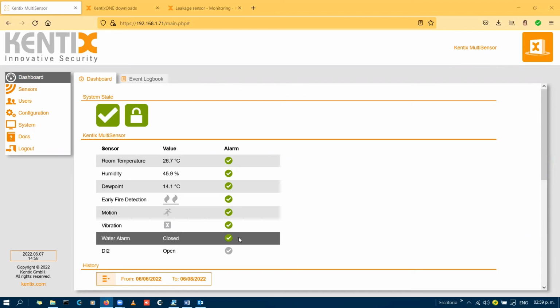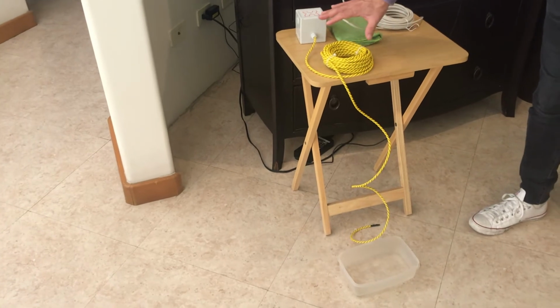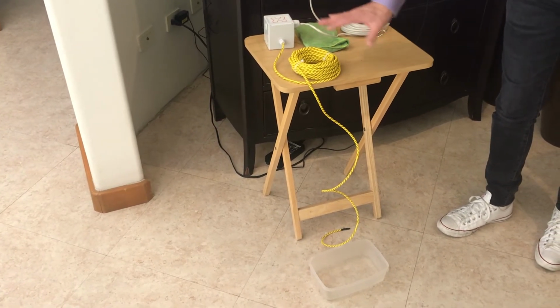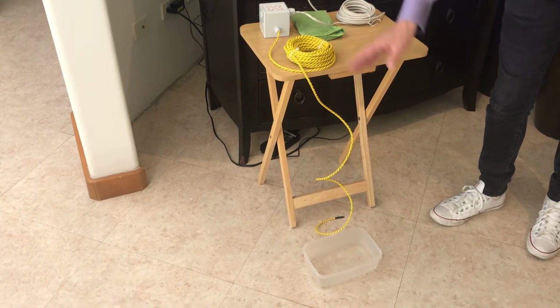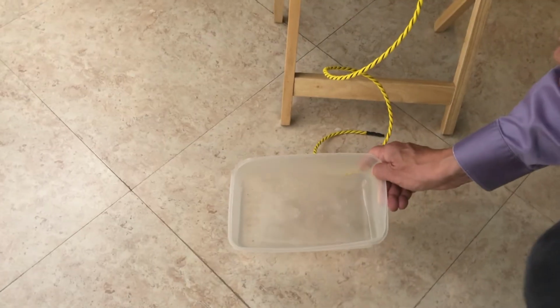So now we will go to the rope, to the cord. The yellow one is a 10 meters cord, a rope, and we have just taken about 1 meter. And here we have a water container, you can see here.